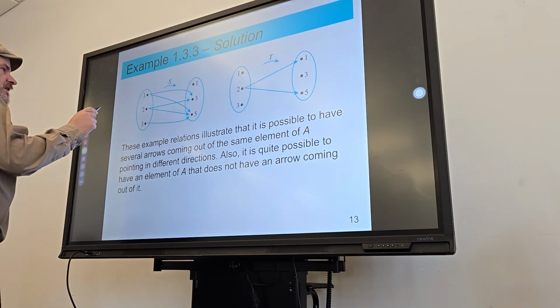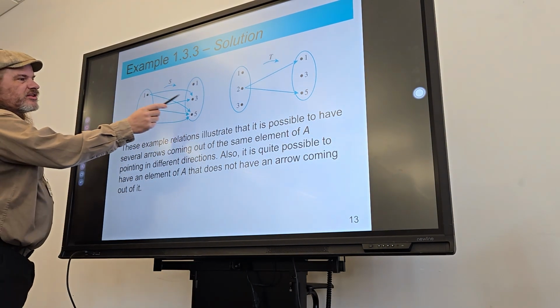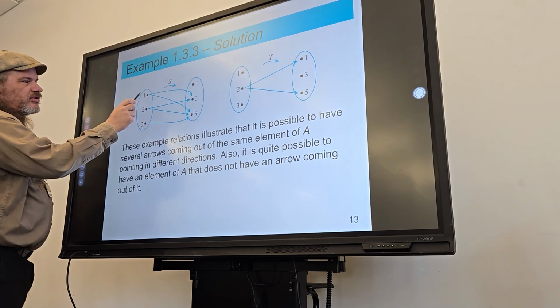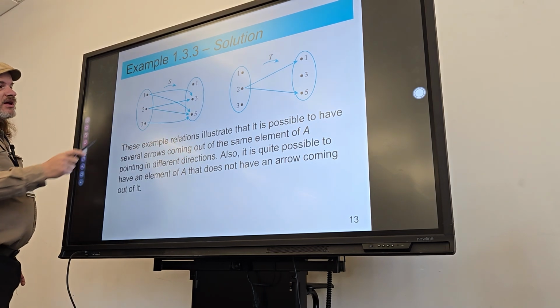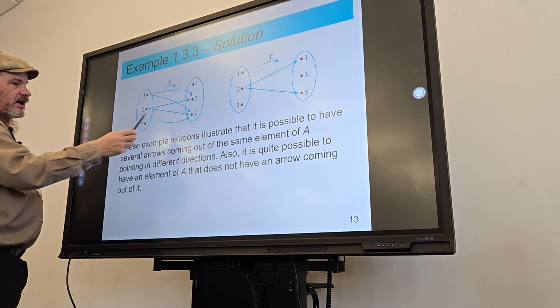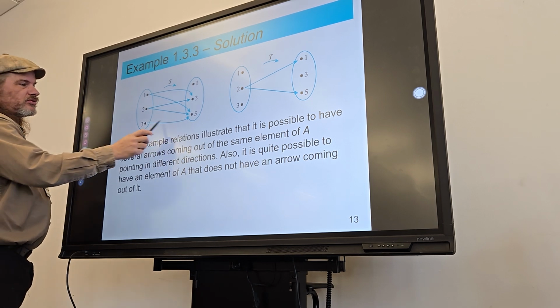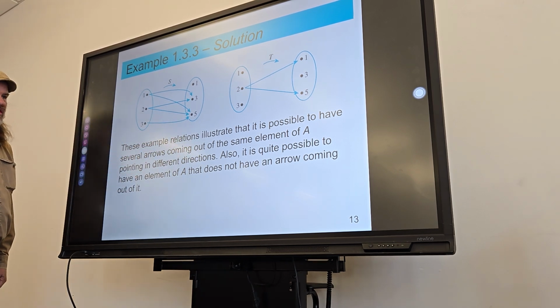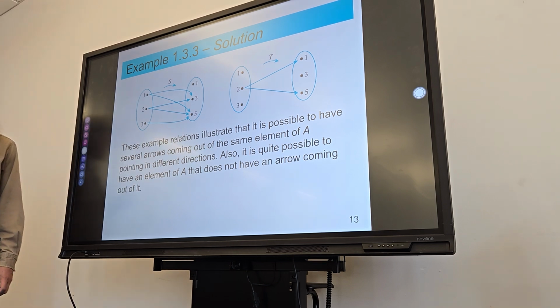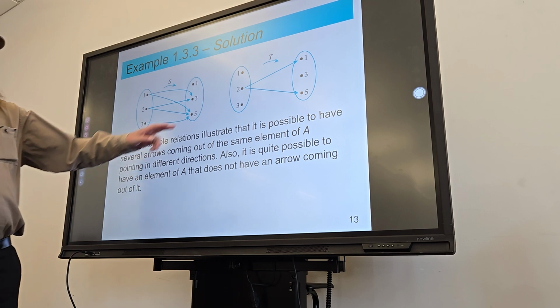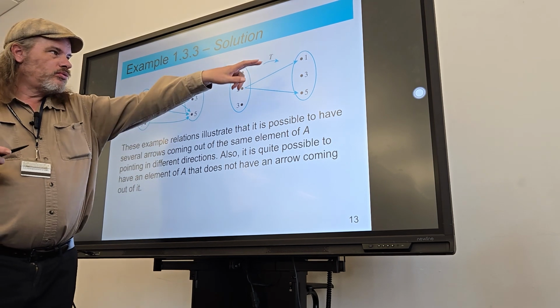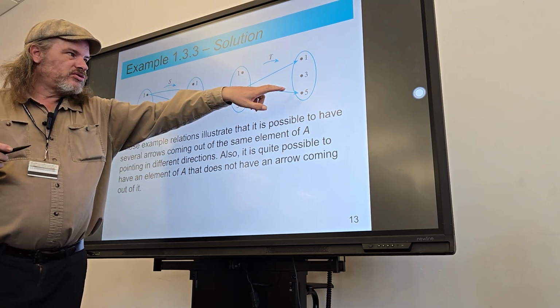For S, 1 is less than 3, 1 is less than 5, so you have arrows going to them. 2 is less than 3, 2 is less than 5, arrows. 3 is less than 5, so it only has an arrow going to 5. And T is just the arrows from 2 to 1 and from 2 to 5.